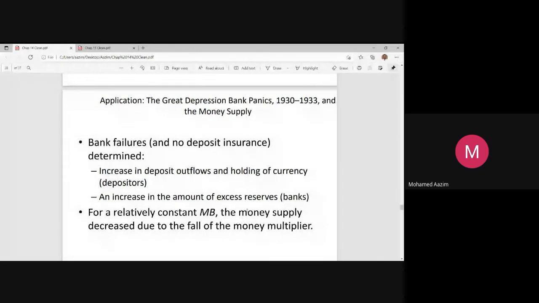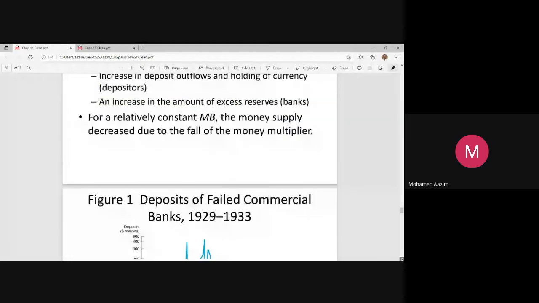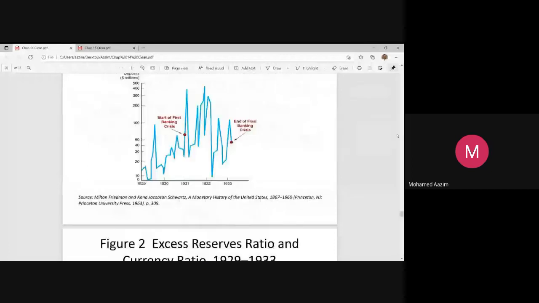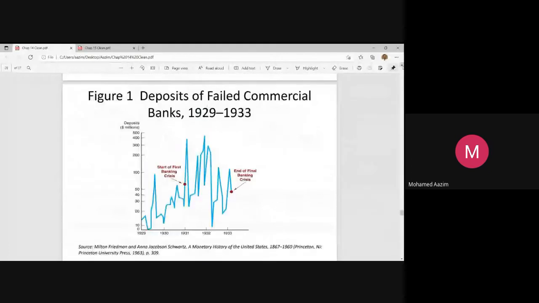You can see that here: failed commercial banks during that period, and the deposits of these banks, in millions of dollars, because in those days billions were very big, so millions of dollars.